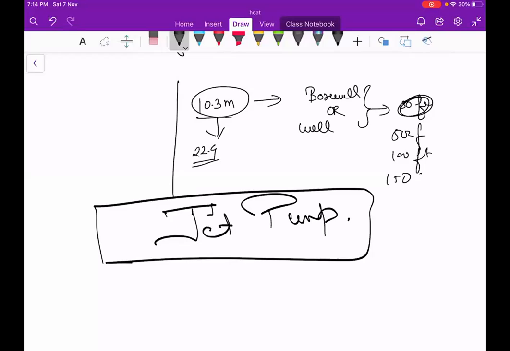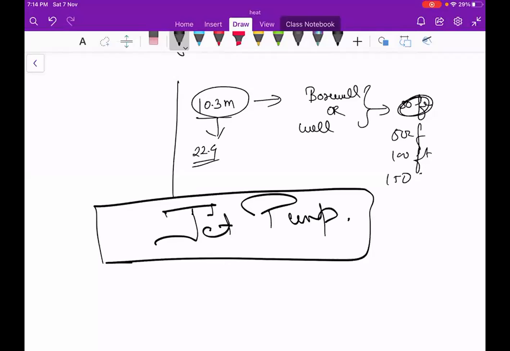That you can write in: why we don't use a positive displacement pump. The most important thing is it can't handle a large amount of fluid, because if it handles a large amount of fluid, the piston size will increase so much, and your cost will increase drastically. It is just like you have a small syringe in your hand and a big syringe in your hand.